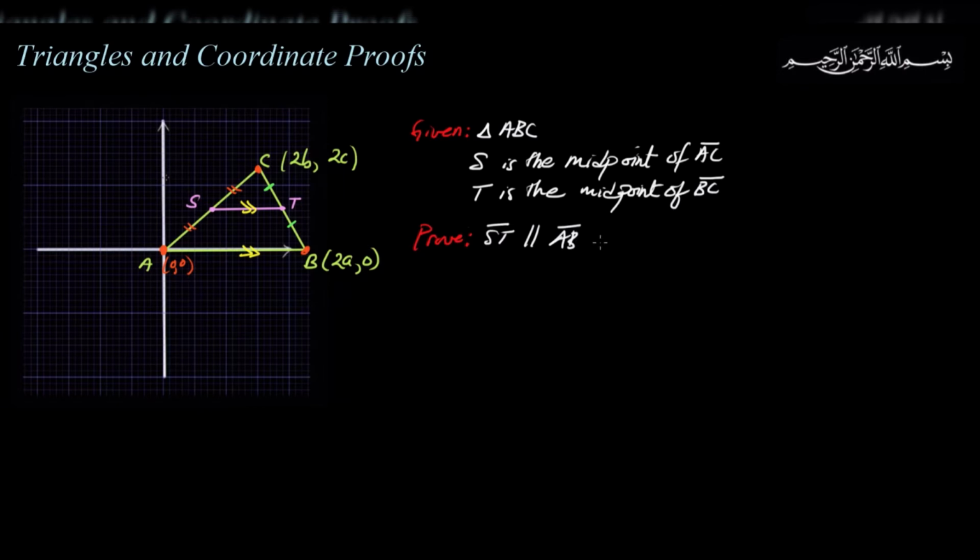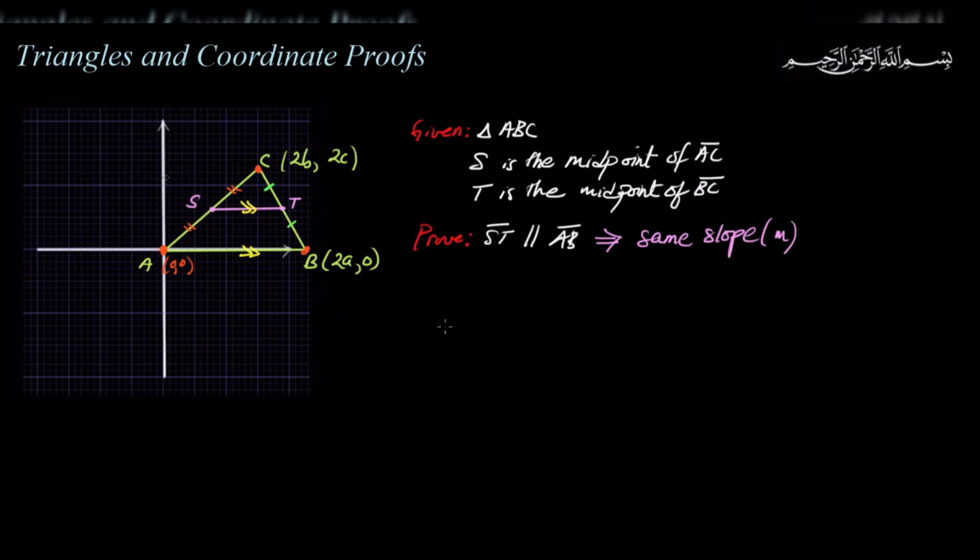Well, the first thing to appreciate is that if two segments are parallel, then they have the same slope, the same m. So if we can prove that these two segments have the same slope, then we are done, because that's what it means to be parallel.